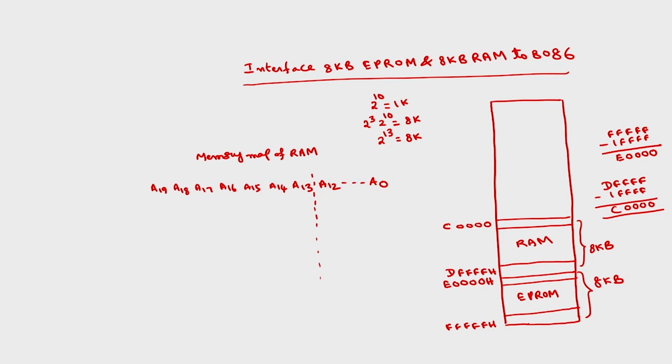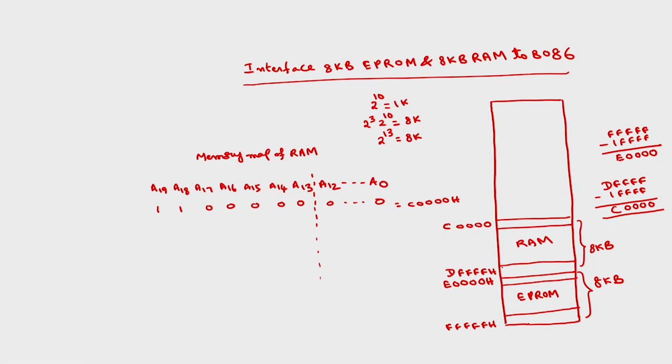So what is the starting address? The starting address for RAM is C0000H. So what will be the bits A19 to A0? C is 12, which is 1100, and 0 is 0000, and then all zeros, which is C0000H.